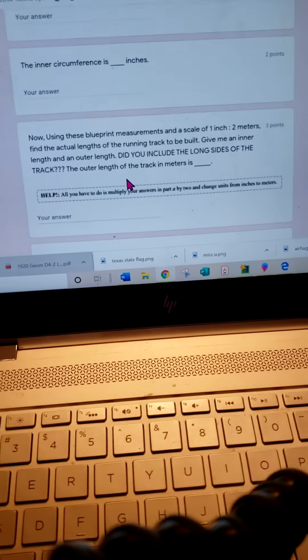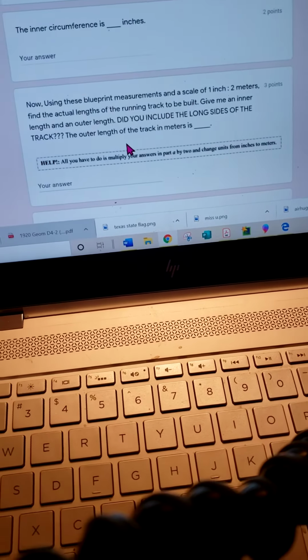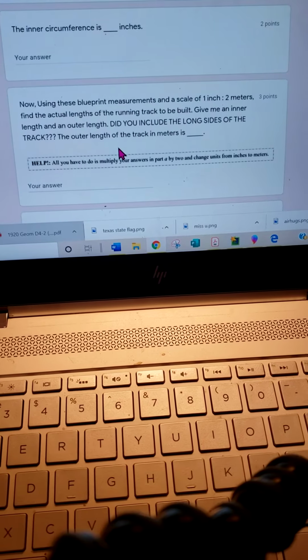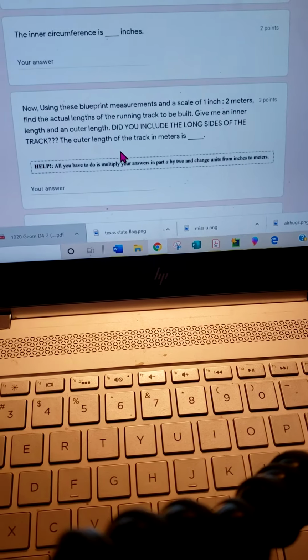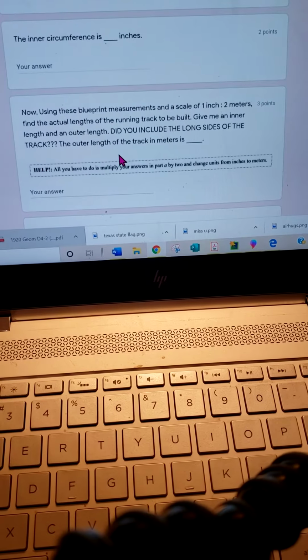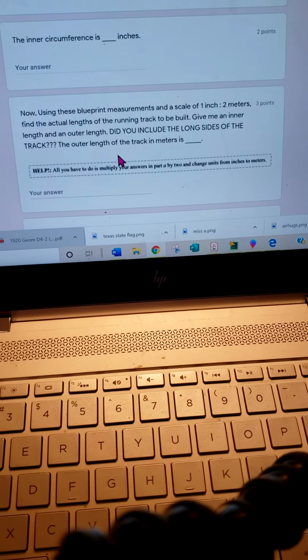So you're going to have to do 55 inches in your answer as well as the circumference of the circle. So you're going to have to do 55 times 2 plus your circumference times 2 to get the right answer here. Otherwise, all you're going to have is the circumference of the circle.